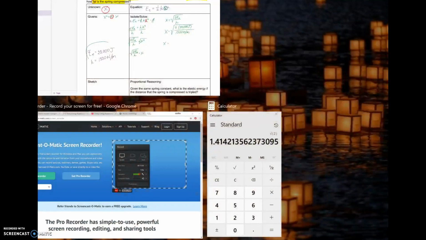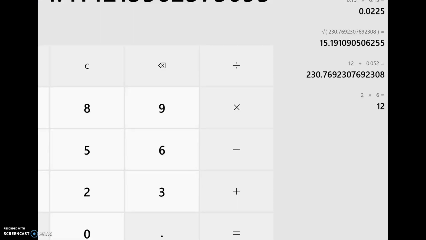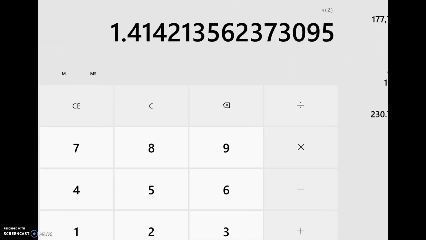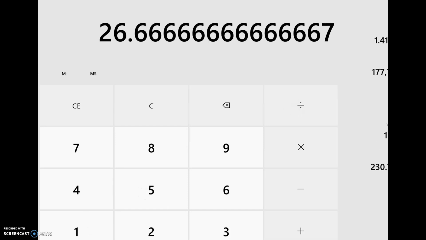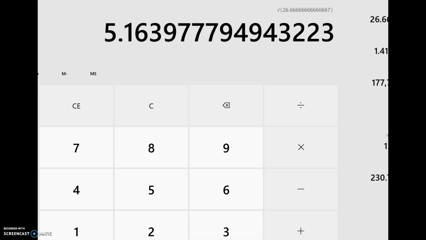Okay, so let me open up the calculator. So let me change the screen so you can see. All right, so we have 40,000 divided by 1500. And we want to find the square root of that number, which is going to be 5.16.